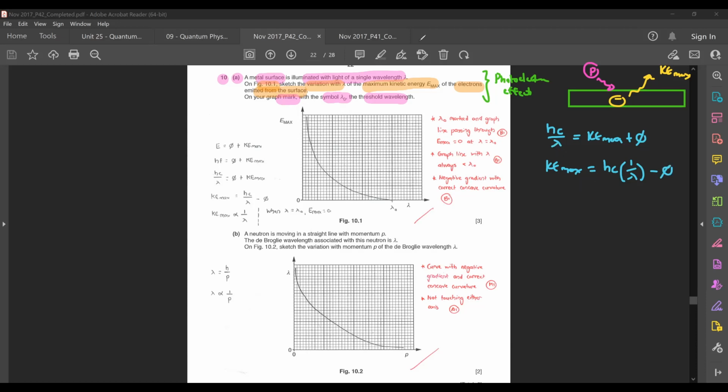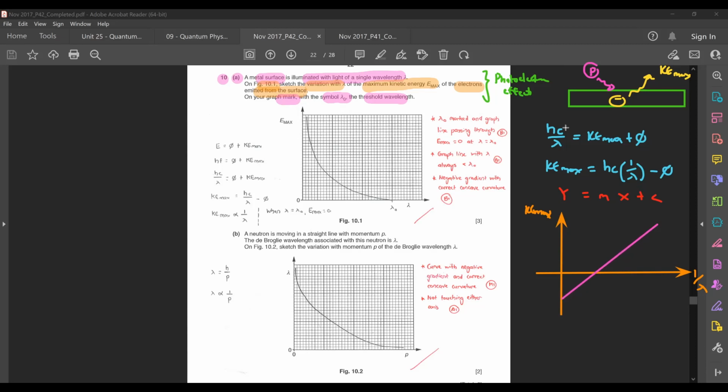If you were to equate this to the equation of a straight line, what you would normally say is that if you plot a graph of KE max versus 1 over lambda, you will get a straight line graph with a negative y-intercept.